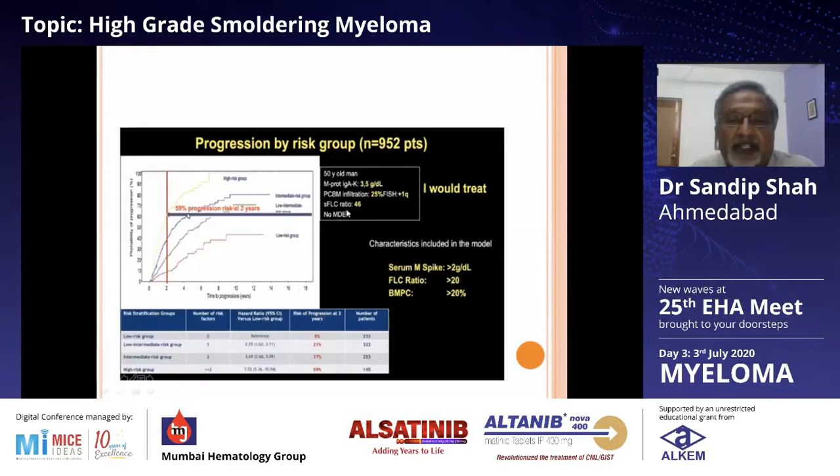And the last patient also has all 3 factors positive according to 2020, and plus the patient had a 1q gain on FISH examination. So this patient had a 59% progression risk at 2 years. So according to her, she will treat these 2 patients and not keep them under observation.